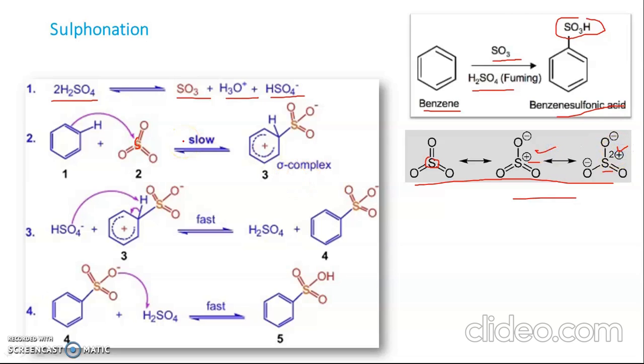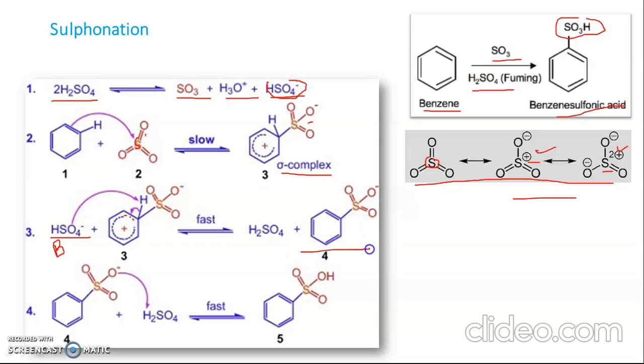Now this step is slow because aromaticity is lost. We get the sigma complex, and one of the S=O double bonds is now a single bond. In the next step, the HSO4 minus ion that was generated in the first equation acts as a base and captures the proton, and a double bond forms at this position and aromaticity is regained.